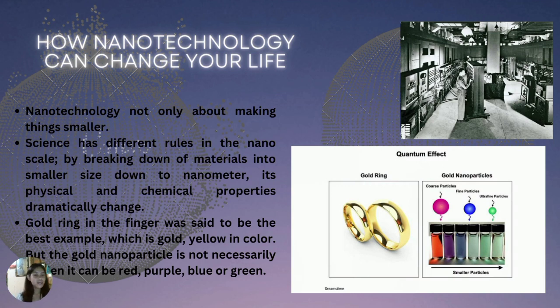By breaking down materials into smaller size, down to nanometer, their physical and chemical properties will dramatically change. That is why nanotechnology is not about making things smaller, but it is about manipulating the order in which the atoms are put together.